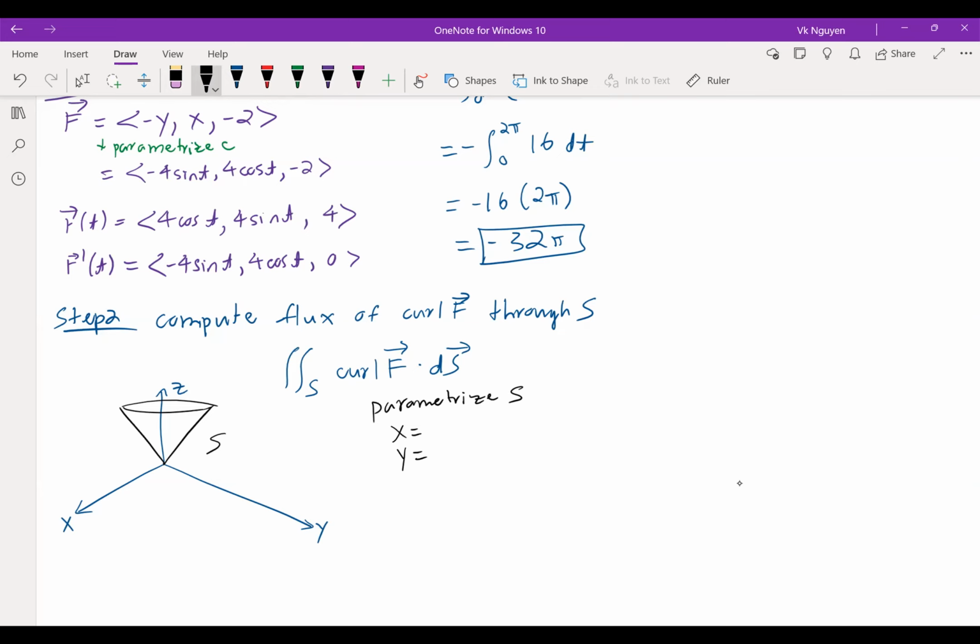X equal, Y equal, Z equal. Just a cone. The best way to parameterize this one is to just parameterize it using rectangular coordinates. Save your life. X equals x, y equals y, z equals f of x, y, and that would be the square root of x squared plus y squared.